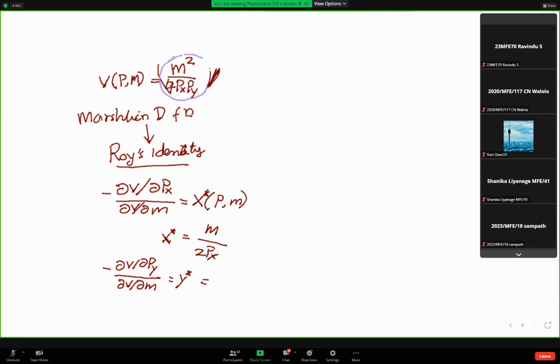When you differentiate, the answer you get is m divided by 2py. This is the Marshallian demand function you get doing the Roy identity. So that is the second exercise we do.